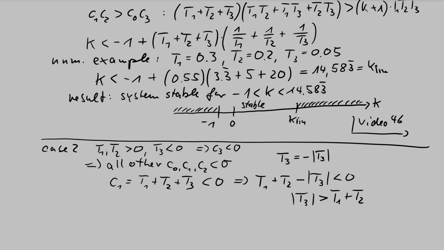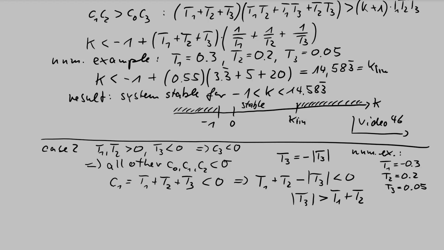In our case, in a numerical example, I make the following thing. I make the large time constant negative, and I leave the both other time constants with the same value, and I check if this is true. T3 is negative.